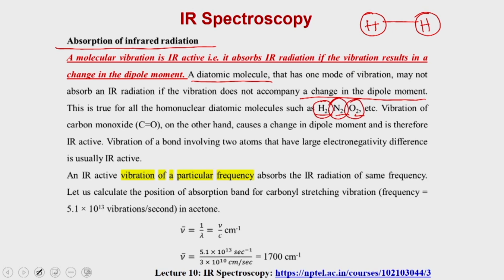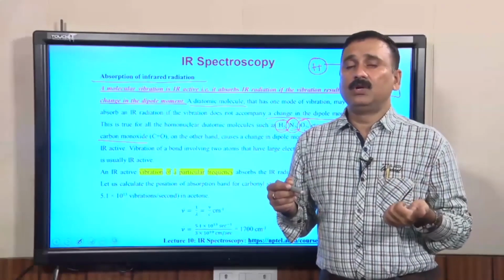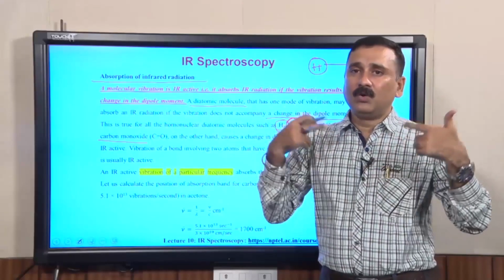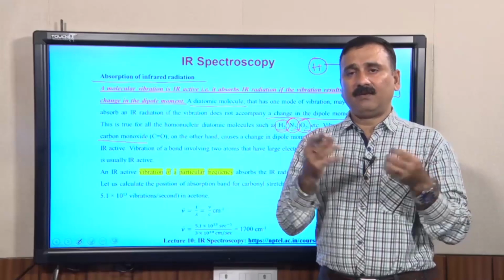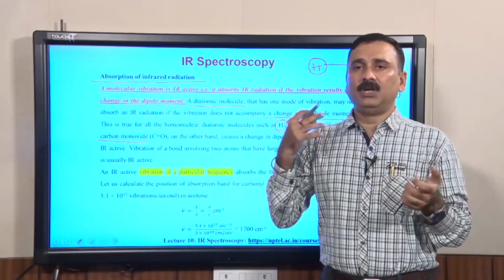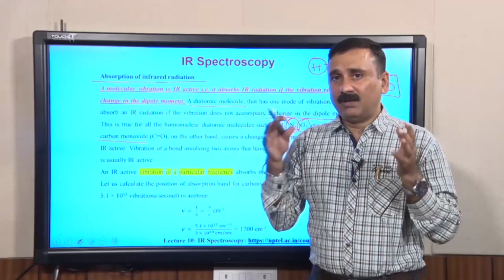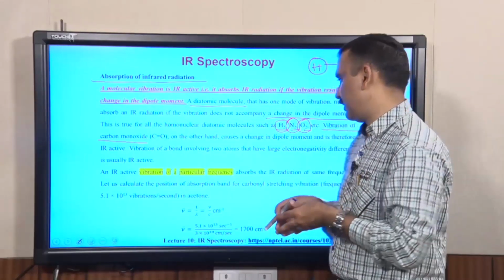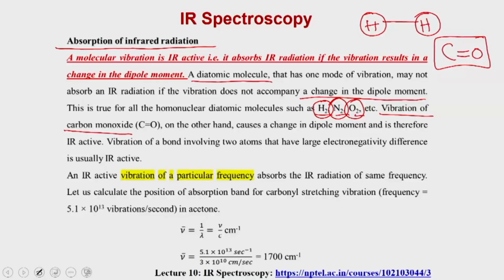Compared to that, carbon monoxide, C double bond O, is a diatomic molecule, but it shows molecular vibrations, because C and O vibrate at different frequencies and generate a dipole moment within the molecule, and because of that, this molecule is going to absorb IR radiation. In carbon monoxide, there is a change in dipole moment, and that is why it is IR active.